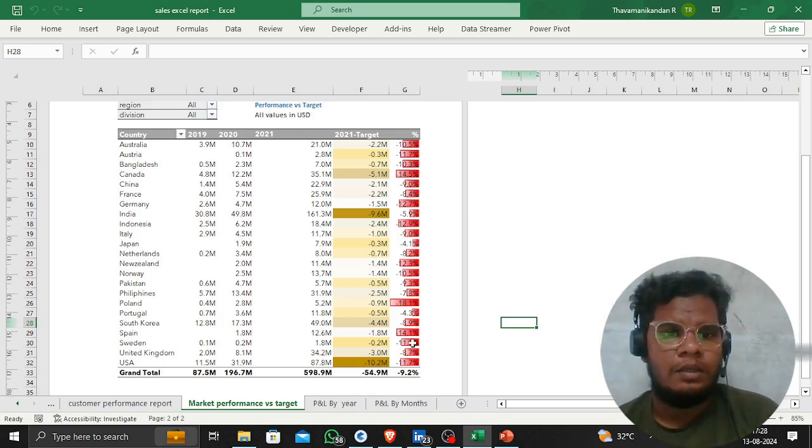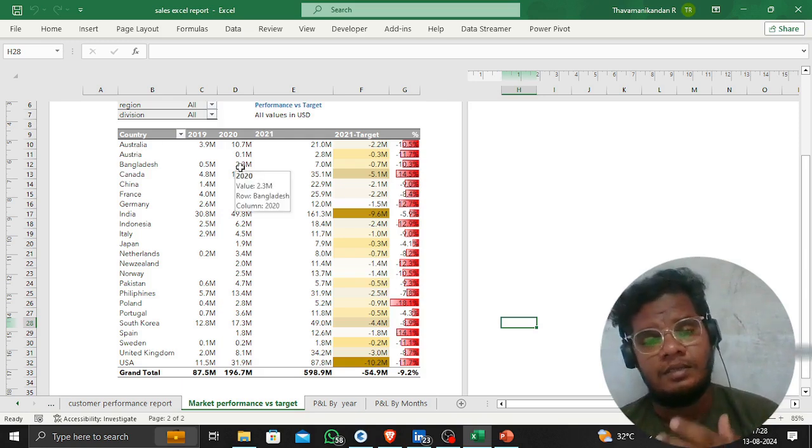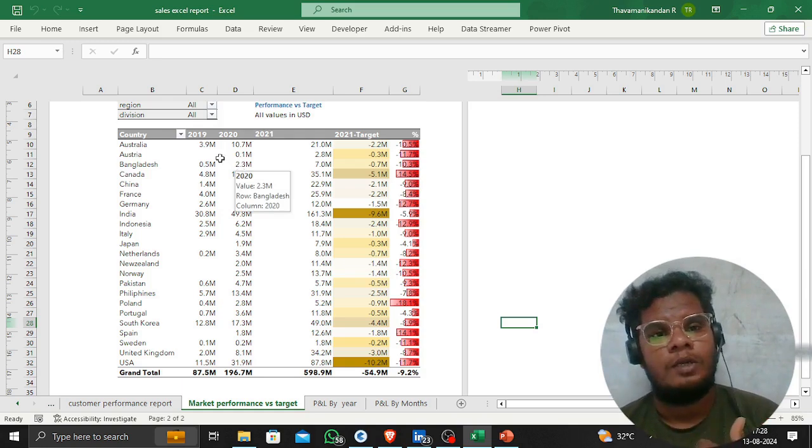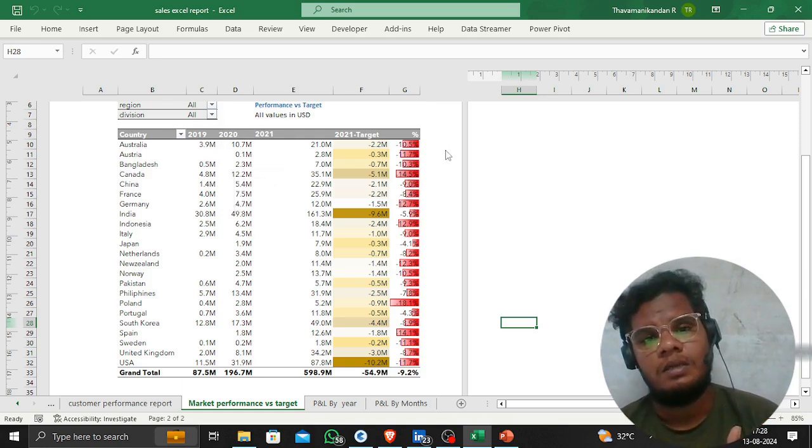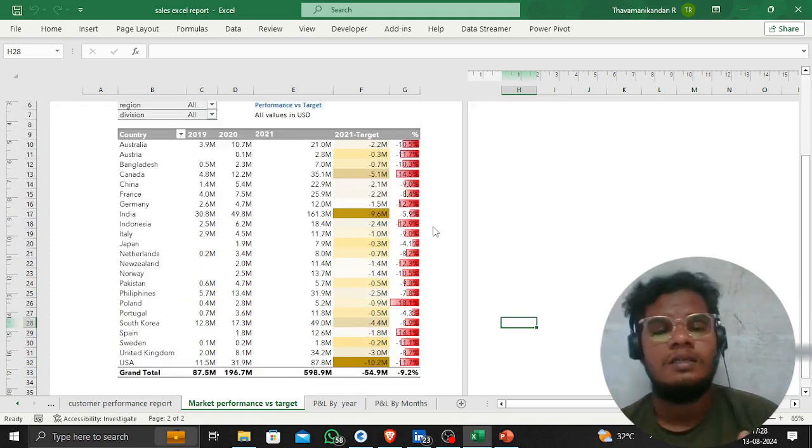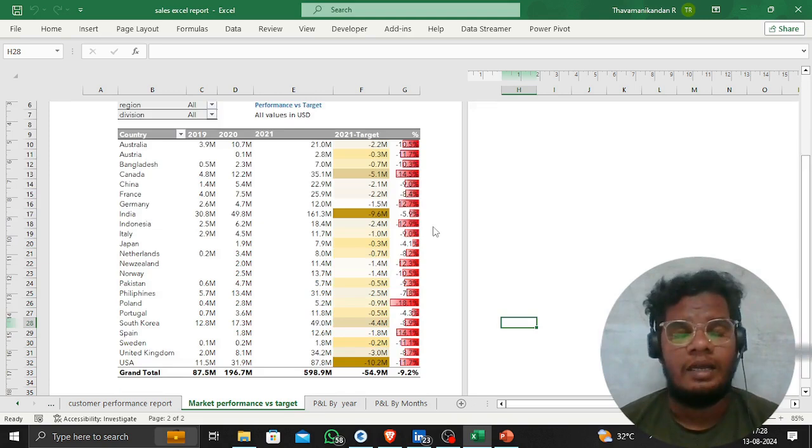And here there is growth, an increase in net sales in 2019, 20, and 21, but still we are lagging behind the target, which means we are increasing the net sales market wise. But what's the problem?